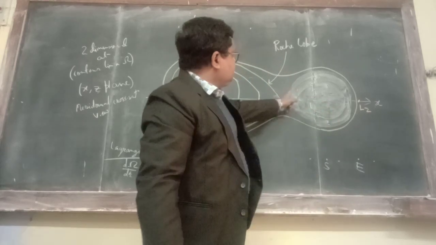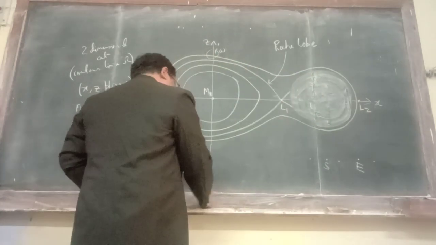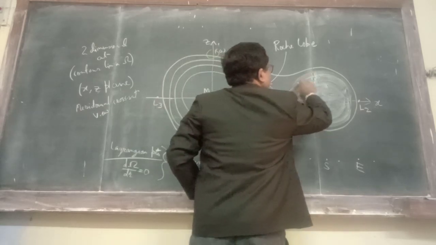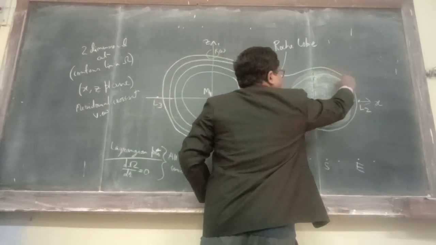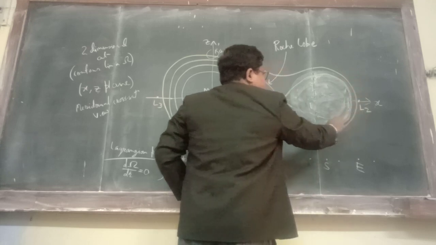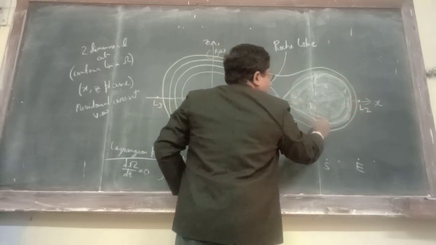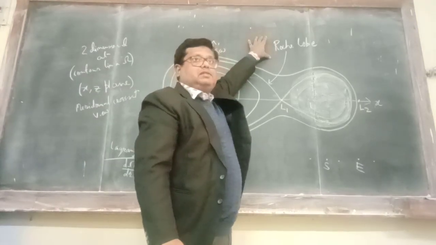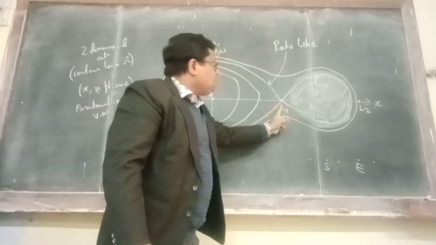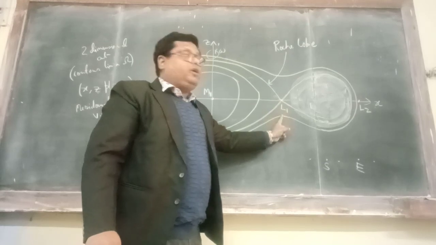This exceeds this Roche Lobe area. The part of, you see, this was the original Roche Lobe. What is the Roche Lobe? The Roche Lobe is the equipotential surface which passes through the inner Lagrangian point.